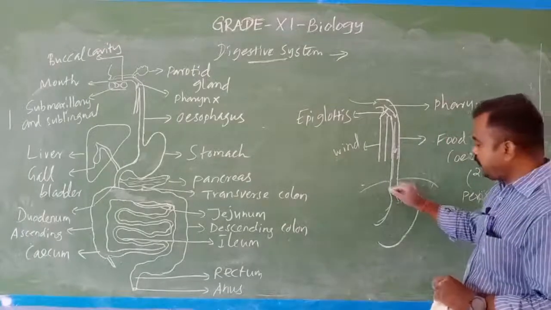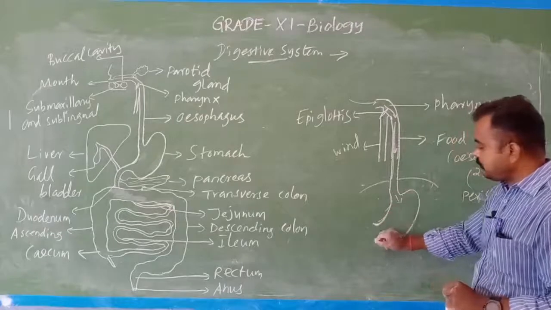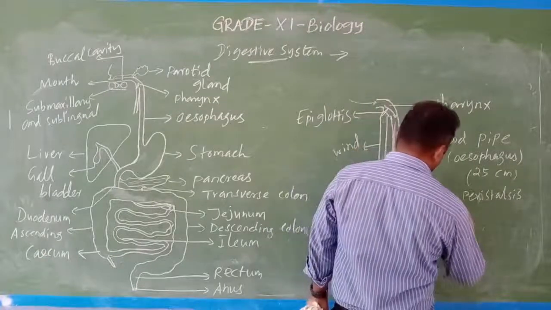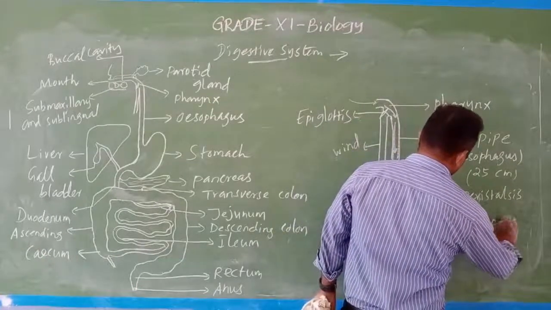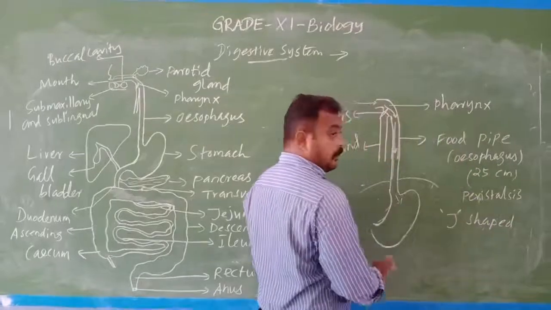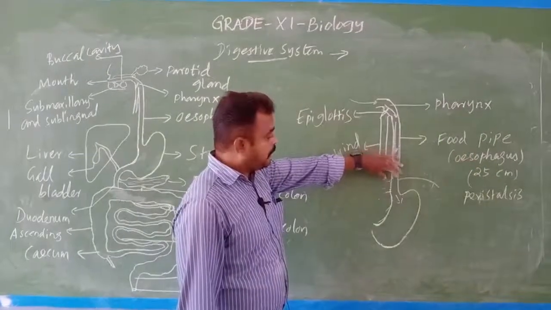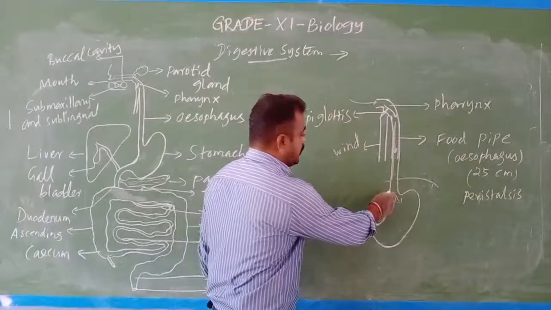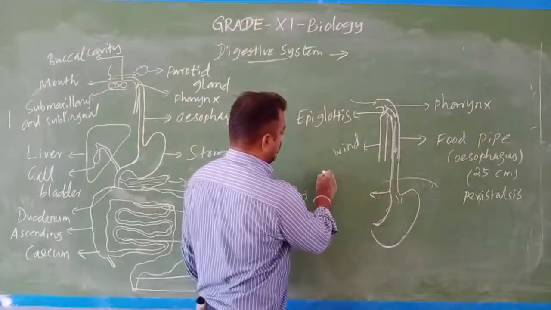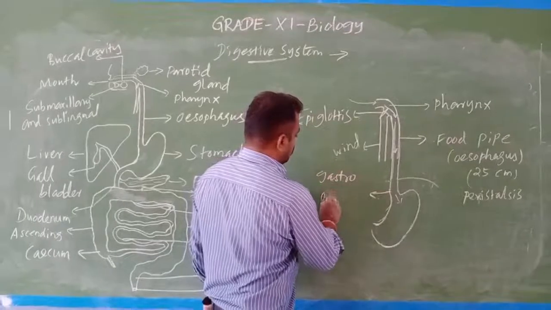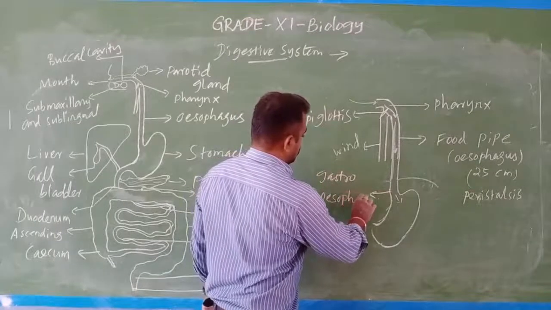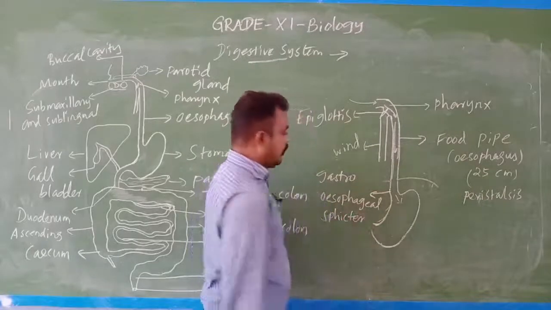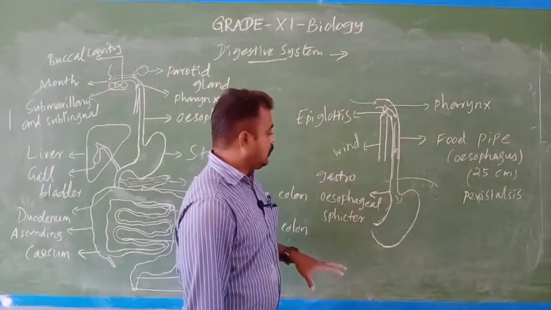The next one we have is the stomach. Here the stomach is a J-shaped organ. The esophagus is connected to the stomach, controlled by the esophageal sphincter, which allows the food into the stomach.